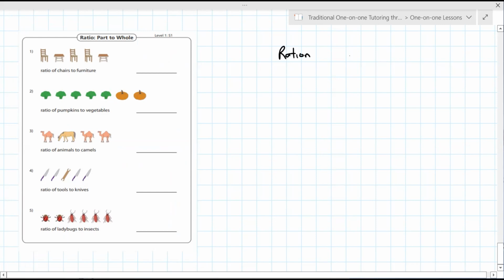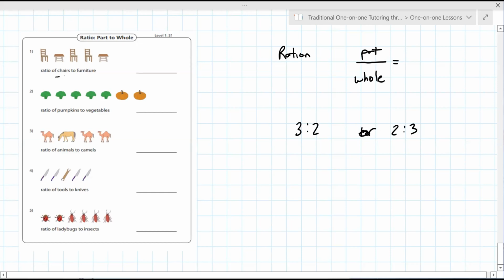A ratio is a part, and then you can use a division symbol to a whole. Okay, so can you tell me what the answer would be to the first one? 3 to 2 or 2 to 3. Well, that's true, but it depends on which one we're doing. The order matters here.